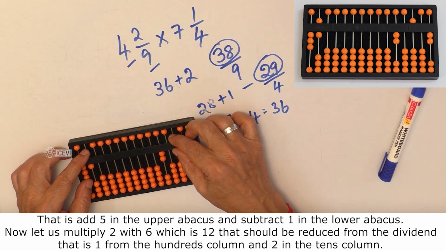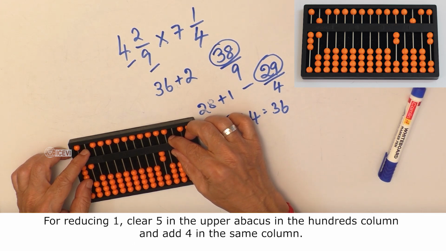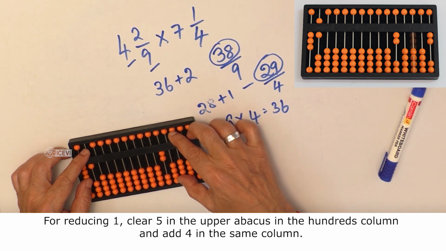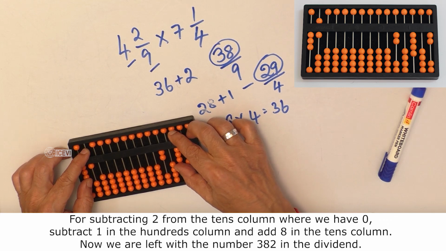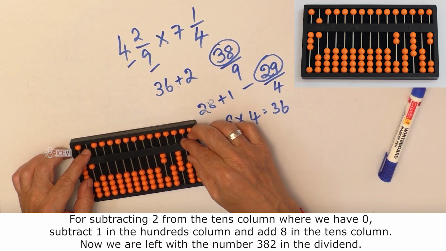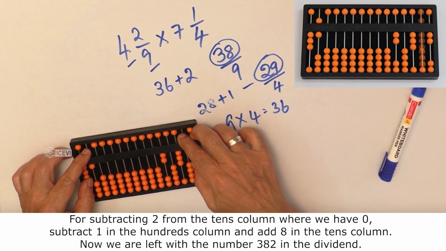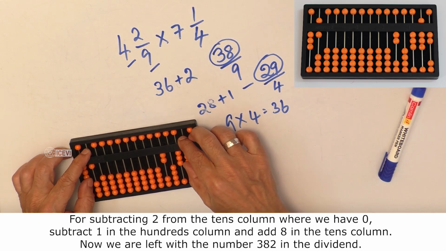That should be reduced from the dividend, that is 1 from the hundreds column and 2 in the tens column. For reducing 1, clear 5 in the upper abacus in the hundreds column and add 4 in the same column. For subtracting 2 from the tens column, where we have 0, subtract 1 in the hundreds column and then add 8 in the tens column.